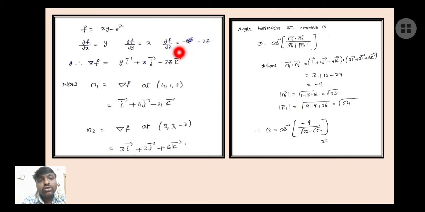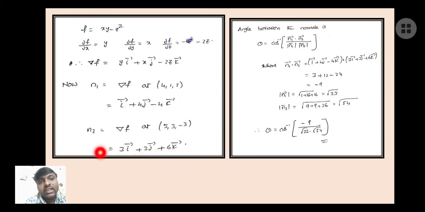By replacing the two points in the generalized normal vector point function, I get two vectors. By replacing the first point 4, 1, 2 in the gradient, I get n1, that is equal to i bar plus 4j bar minus 4k bar. And for the second point 3, 3, minus 3, I get 3i bar plus 3j bar plus 6k bar.